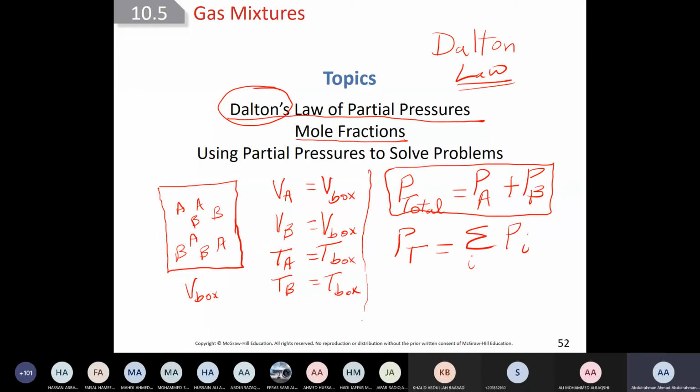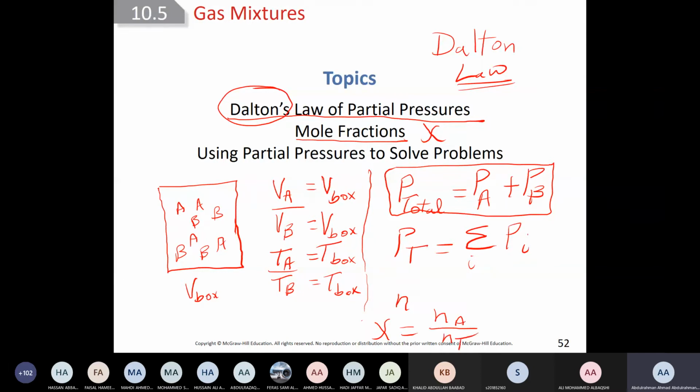What is the Dalton law? It says that the P total is actually the sum of the pressure of each component by itself. Why? Because it's the same volume, it's the same temperature, and the only difference is the pressure, and this must be related to the number of moles. And that's why I will also introduce to you now mole fraction. The mole fraction is X. X, the mole fraction of A, is equal to the number of moles of A divided by the total number of moles.